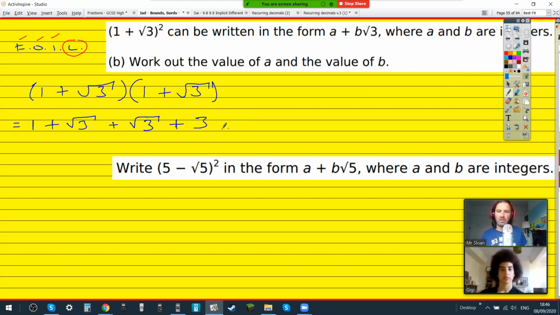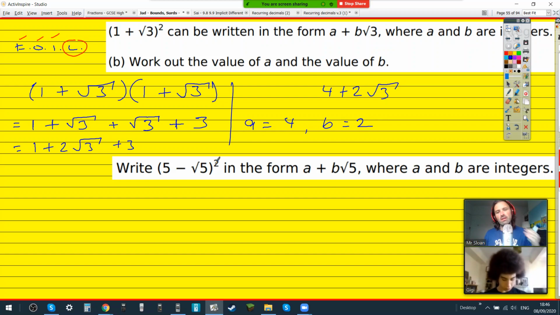And now you simplify. 1 plus 2 root 3 plus 3, so it would be 4 plus 2 root 3. And so values of a and b, 4 and 2. Well done.